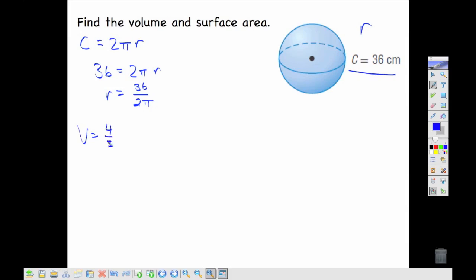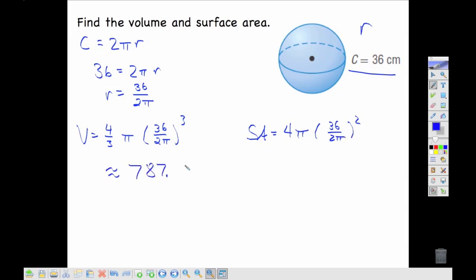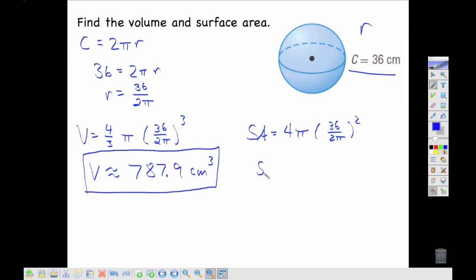Looking at my volume then, 4/3 pi r cubed, I could plug in my 36 over 2 pi. My surface area, I would just do the same thing. 4 pi r squared, but I plug in 36 over 2 pi. This one will come to about 787.9 centimeters cubed. And our surface area comes to about 412.5 centimeters squared.